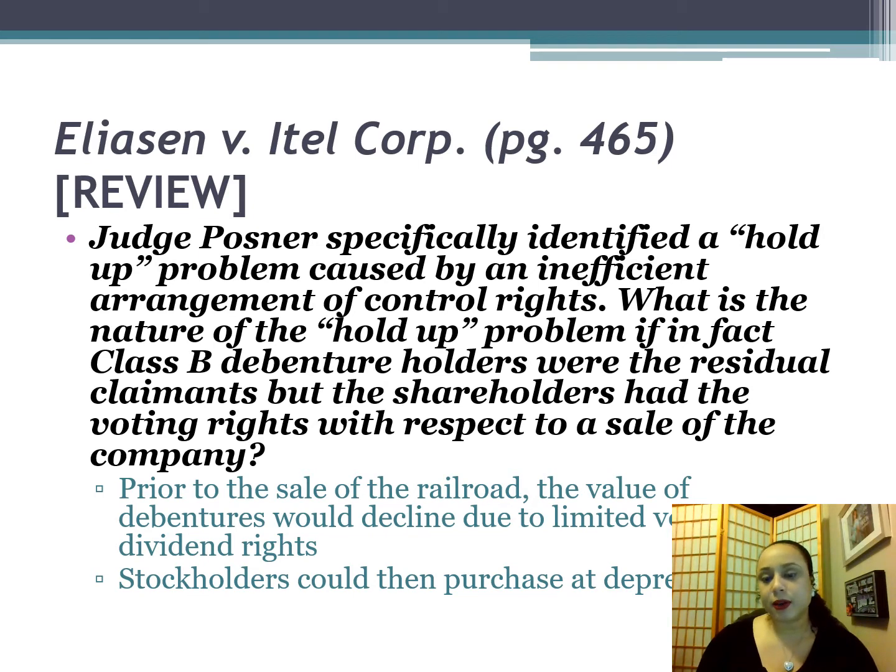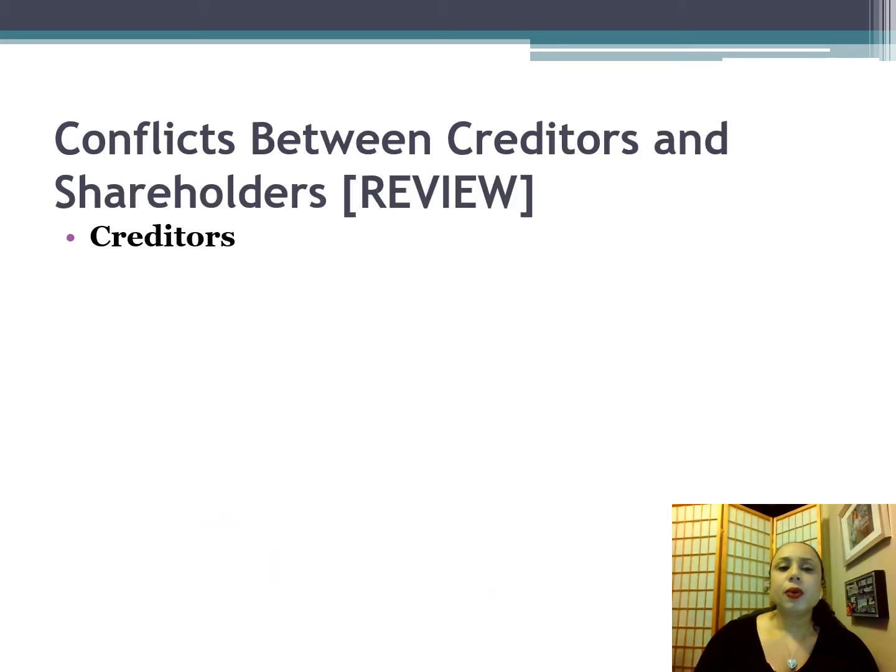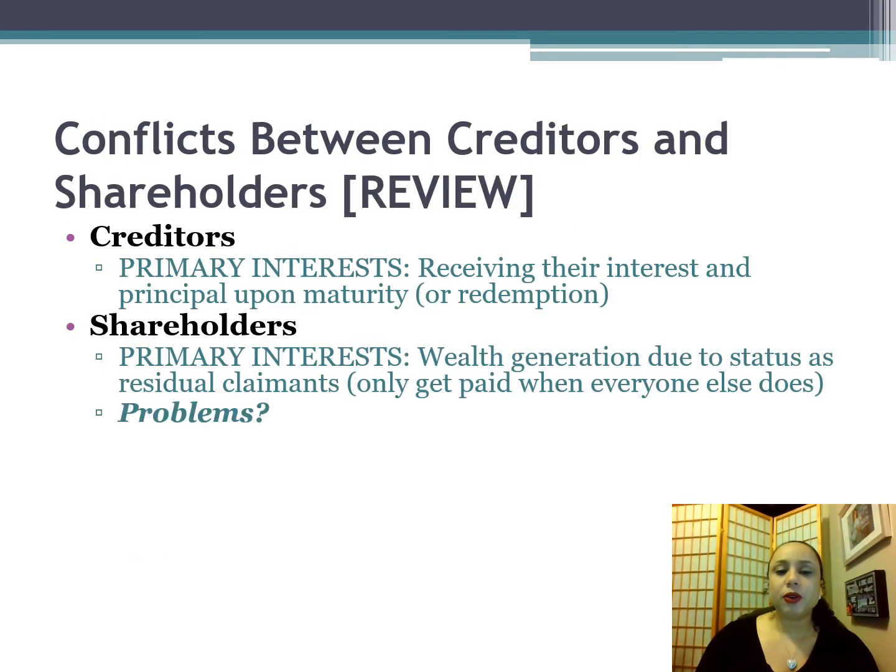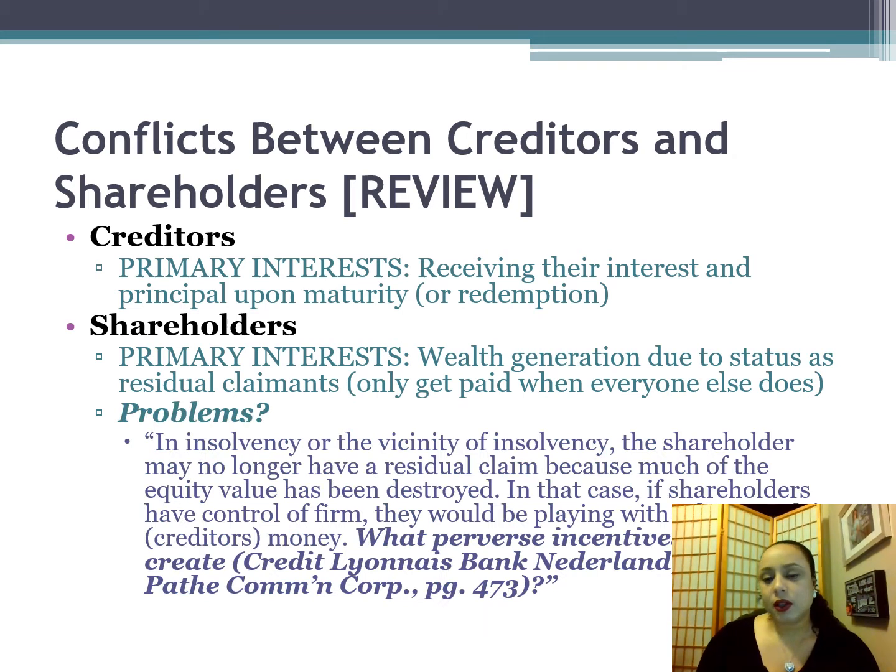And the court talked about how security holders could use their voting rights to take away some of the rights that our debt holders were arguing for. We then talked about some of the conflicts that could arise between shareholders and creditors.